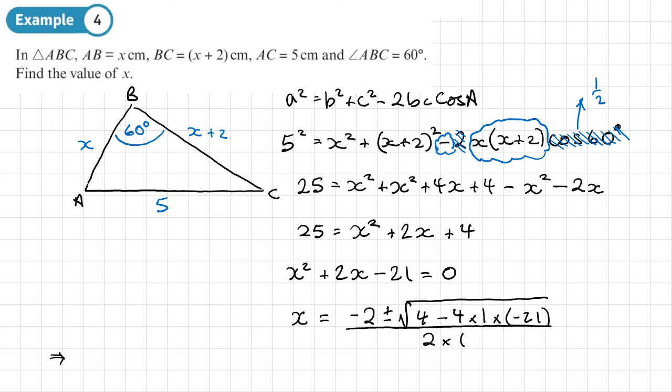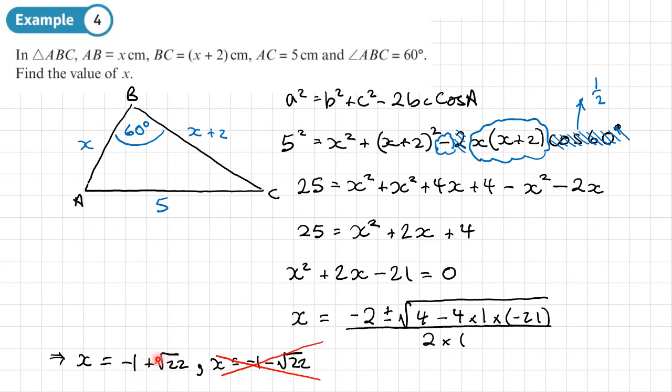We'll put this over here. So this simplifies to negative 1 plus root 22, and you'll get this if you use your calculator as well. And then the other value will be negative 1 minus root 22. Now we can't have a negative length. This side is x, so this solution we ignore because it doesn't make sense in the question.